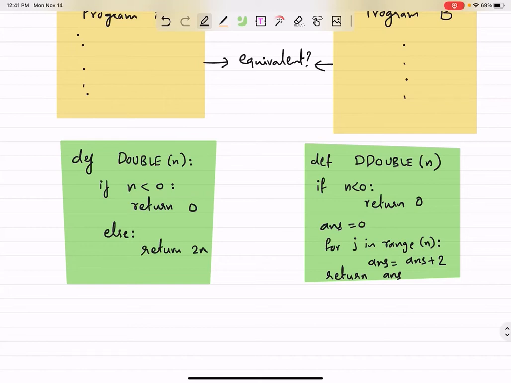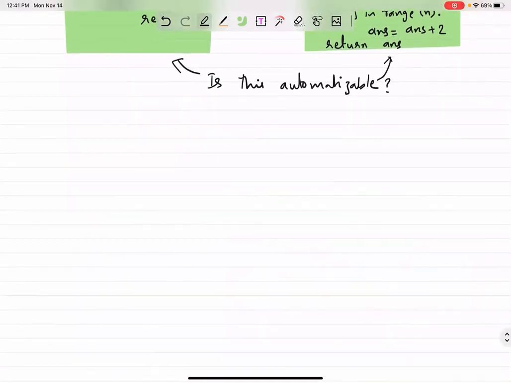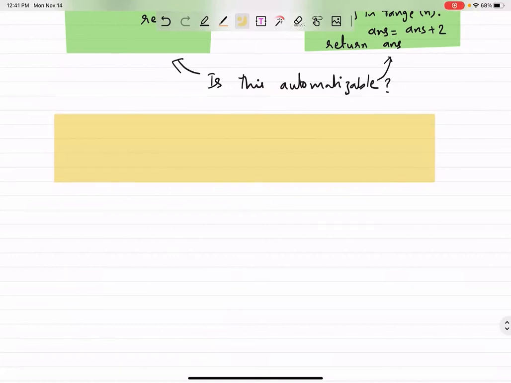And the main thing within software verification is to check whether two programs are equal, or one of the goals is that you want to check if two programs are equal, and you want to do this not manually, but in an automatizable way. So we want to reason about programs.